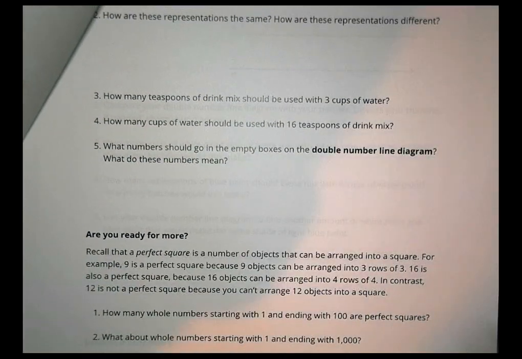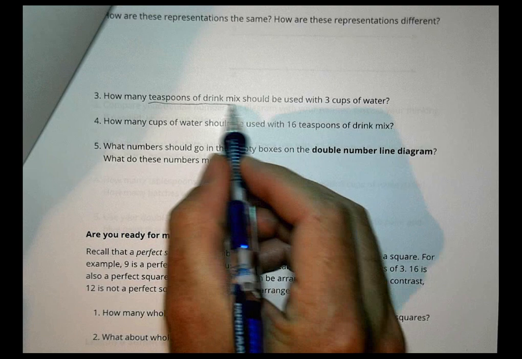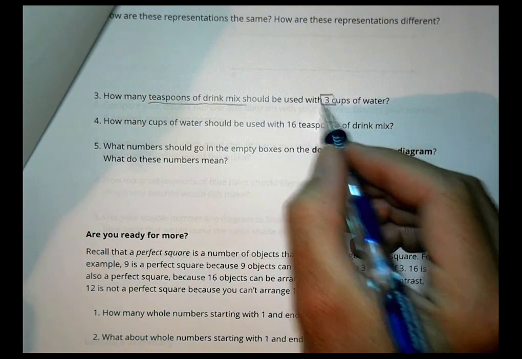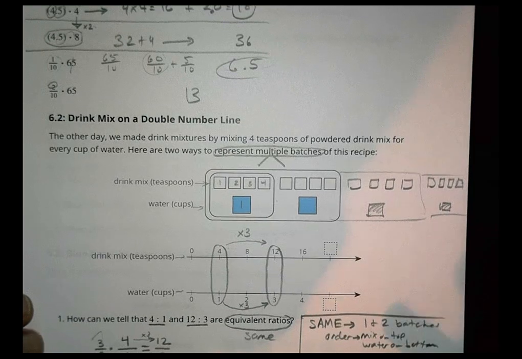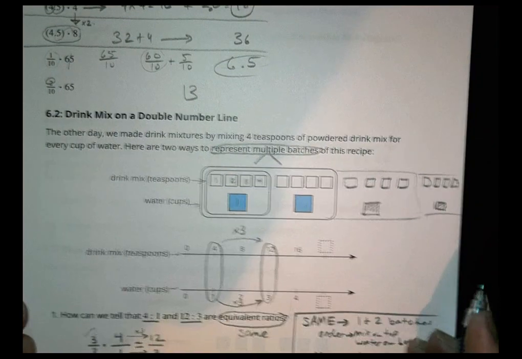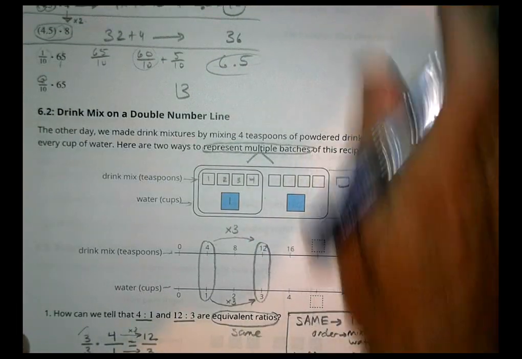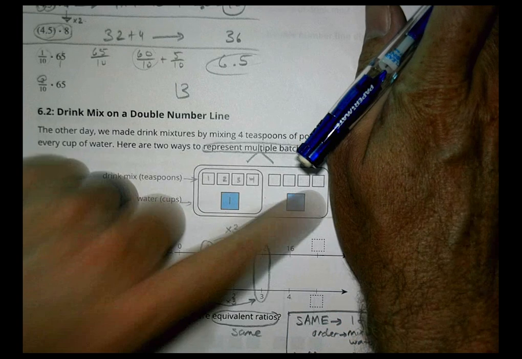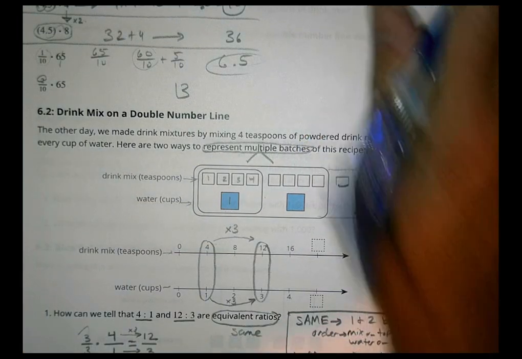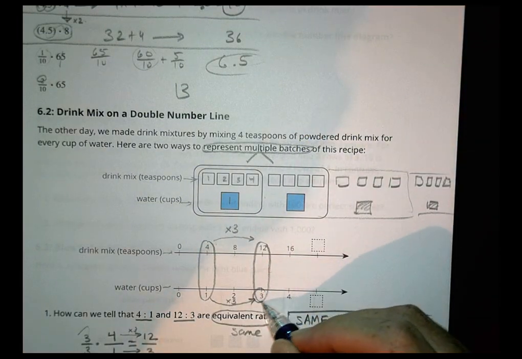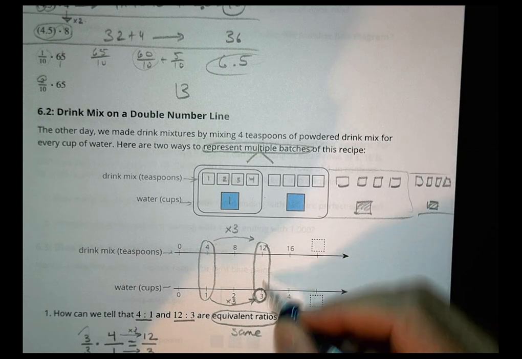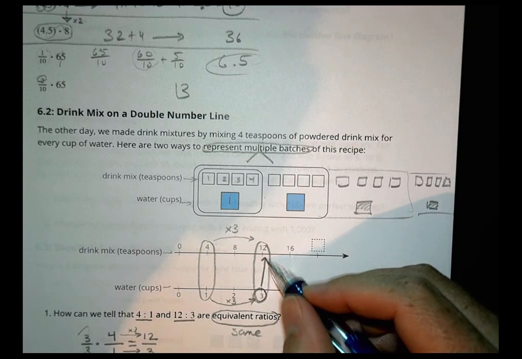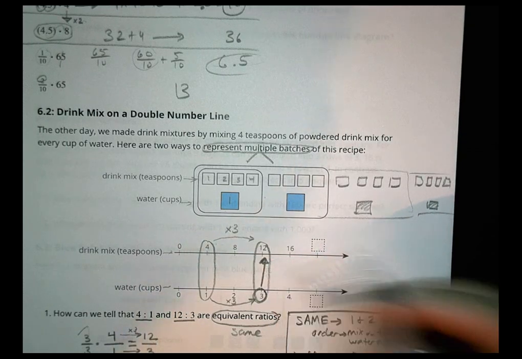Now, this third question here asks us, how many teaspoons of drink mix should be used with 3 cups of water? So, to look for 3 cups of water, again, there's a couple of things I can look at. I could either look at this representation, which only really took me to 2, and I could draw another one, which I already did, or I could look at 3 cups of water and recognize that when I have 3 cups of water, the number of teaspoons of drink mix I make is right there vertically right above it.